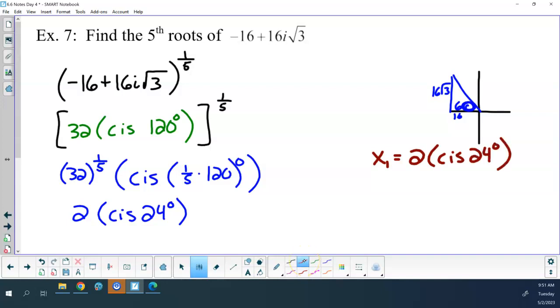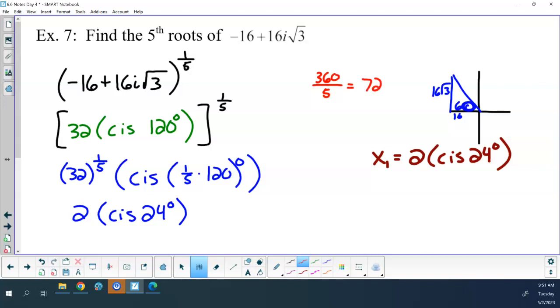Step number 4 says what? 360 divided by power. What's my power? 5. So 360 divided by 5 is 72.